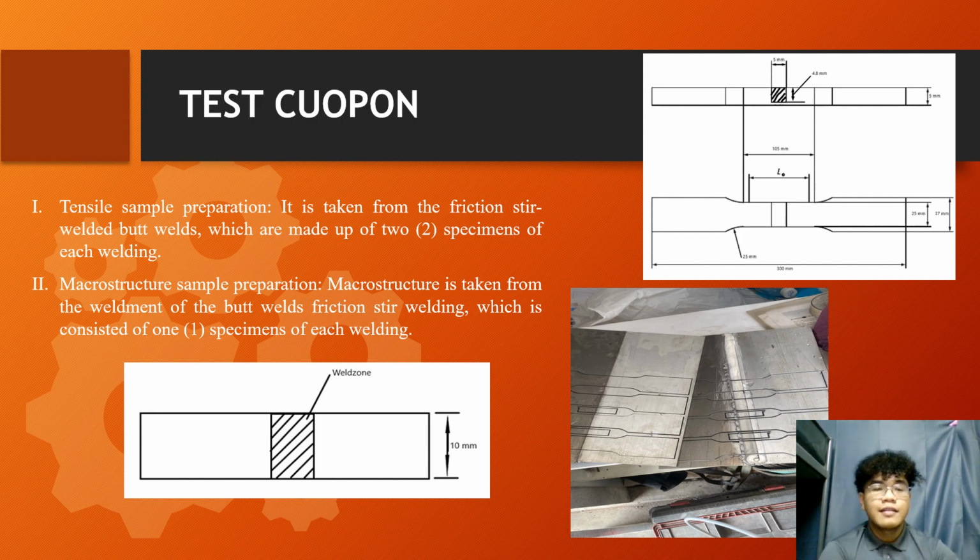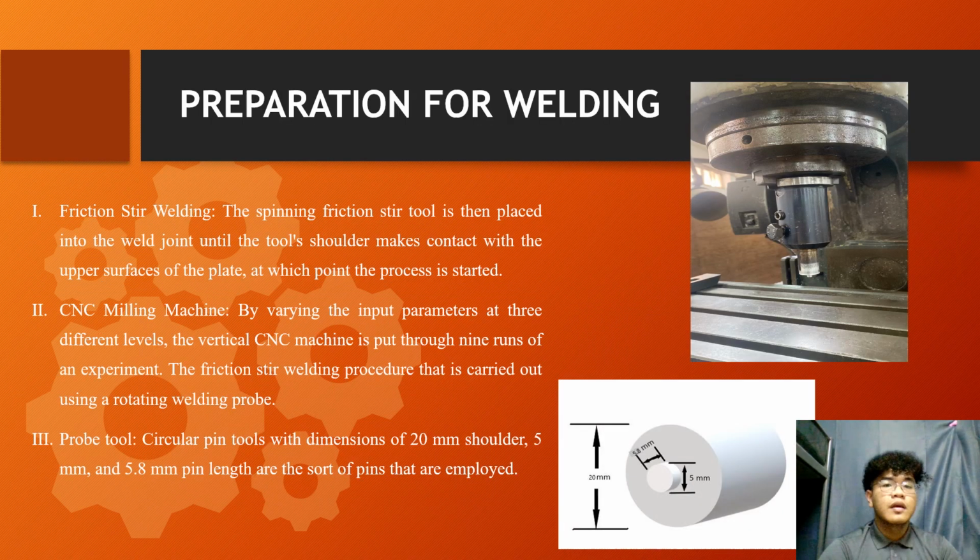The tensile sample is taken from the friction stir weld butt welds, which are made up of two specimens of each welding. The microstructure sample is taken from the weldment of the butt welds, which consists of one specimen of each welding.